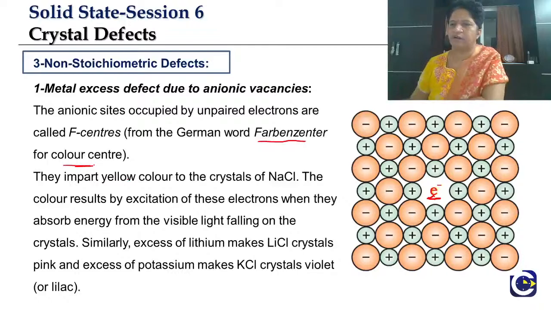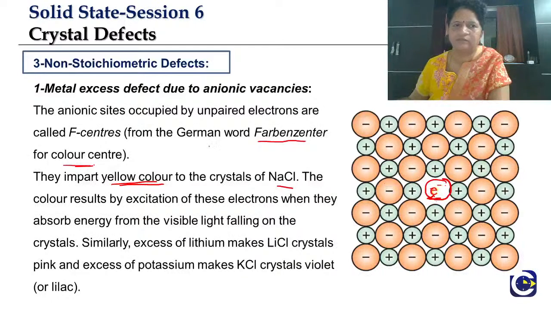When it undergoes excitation and de-excitation, going up and coming down, it gives out color in the visible region. So it gives a yellow color to the crystal. So the color imparted in non-stoichiometric defect when there is an excess of metal due to anionic vacancies is because of what is called the F centers.